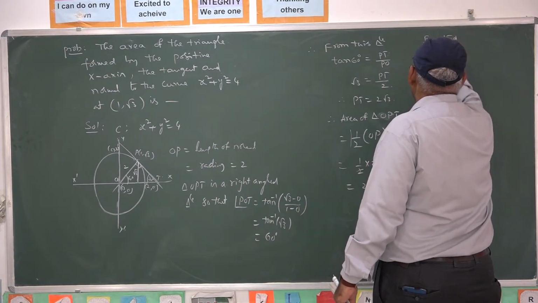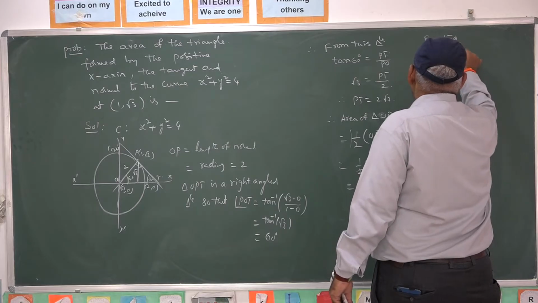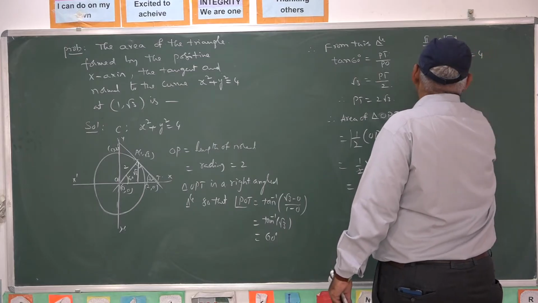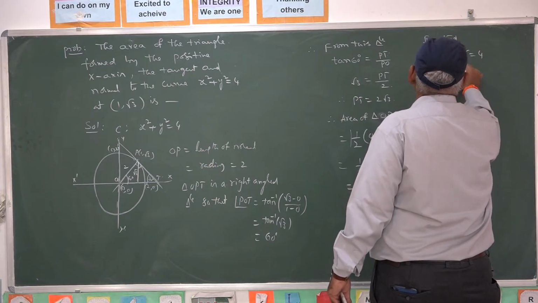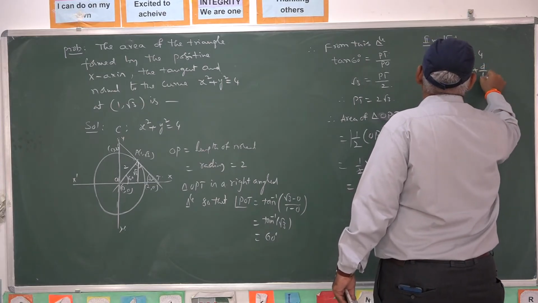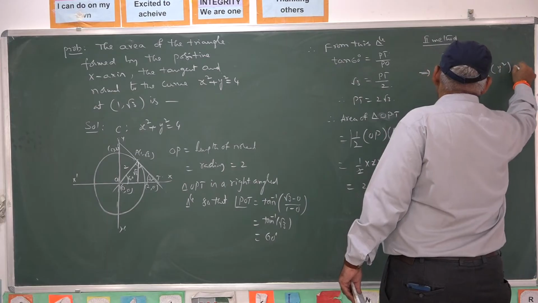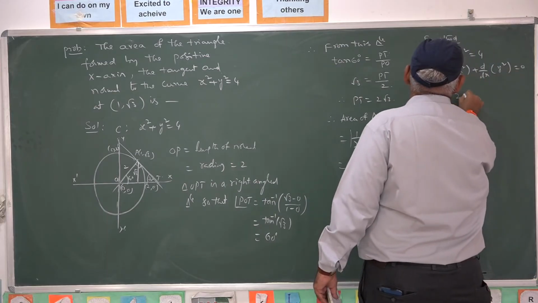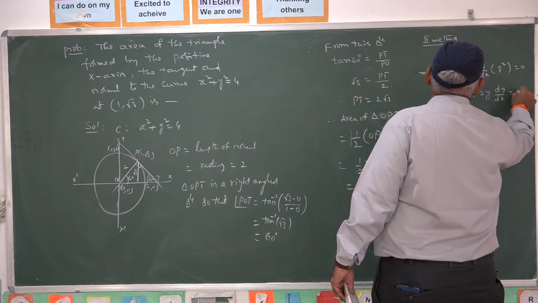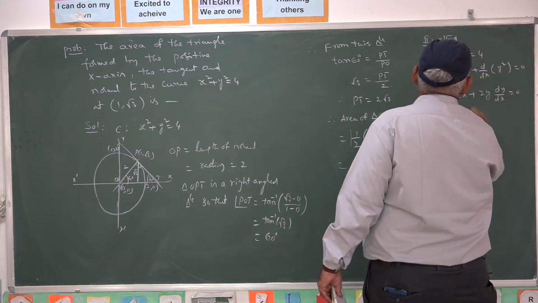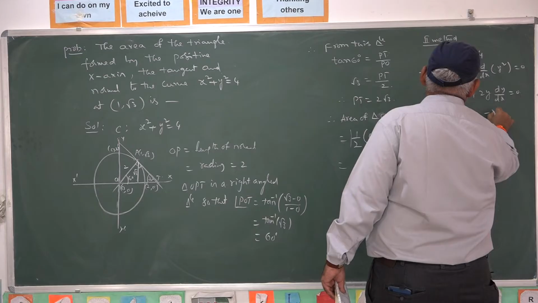Coming to the second method, x square plus y square equal to 4 implies taking the derivative, d by dx of x square plus d by dx of y square is 0. So 2x plus 2y dy by dx is 0. Hence dy by dx is minus x by y.